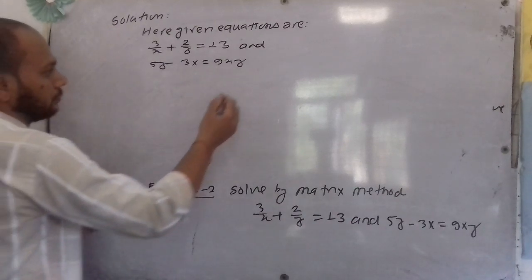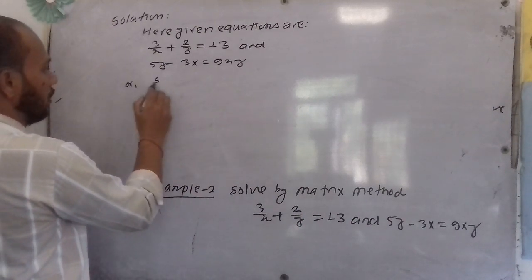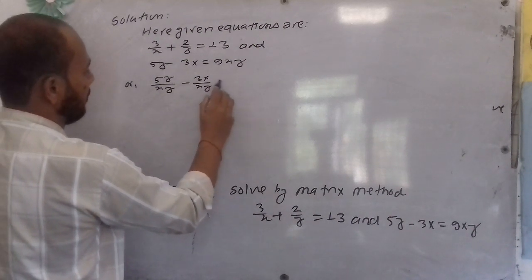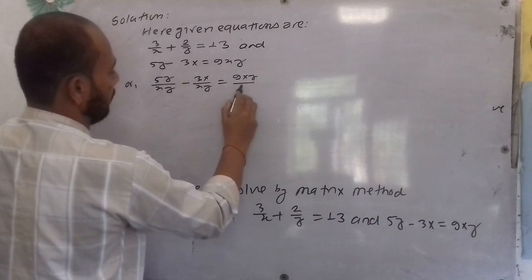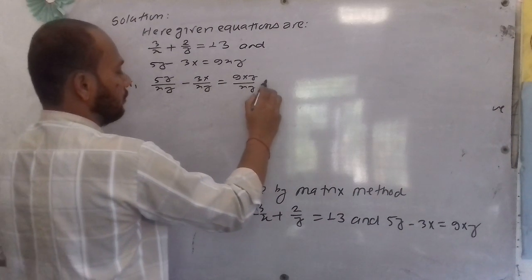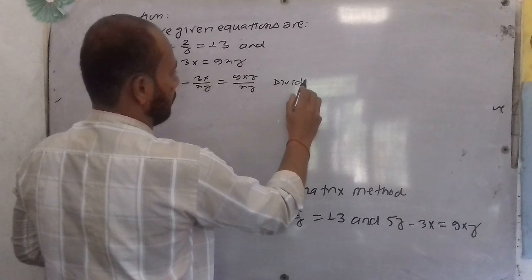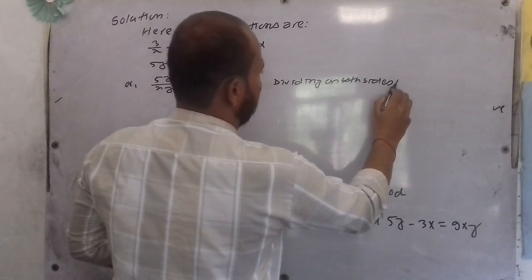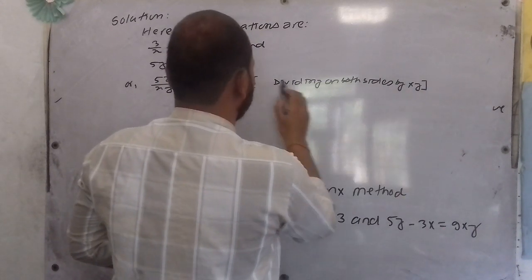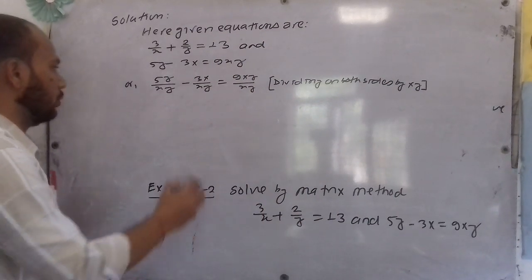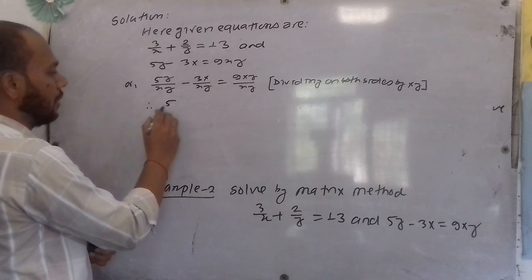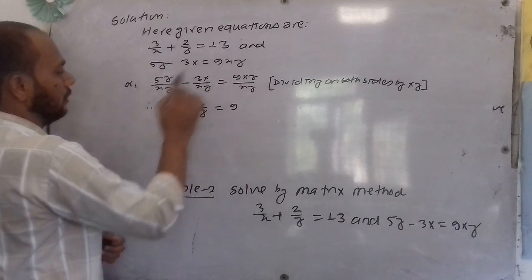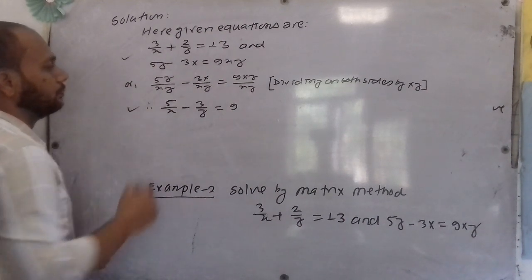Now look here, we have 5y/xy - 3x/xy = 9xy/xy. Dividing on both sides by xy, we have 5/x - 3/y = 9, and now we have two equations.